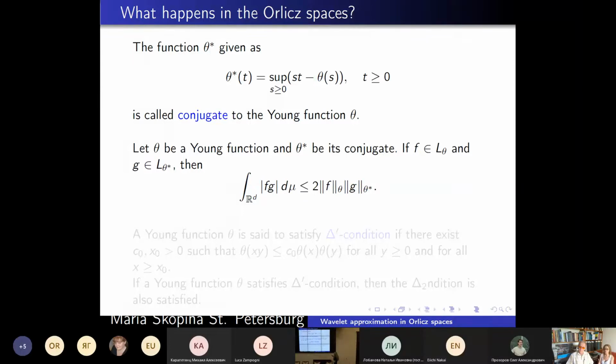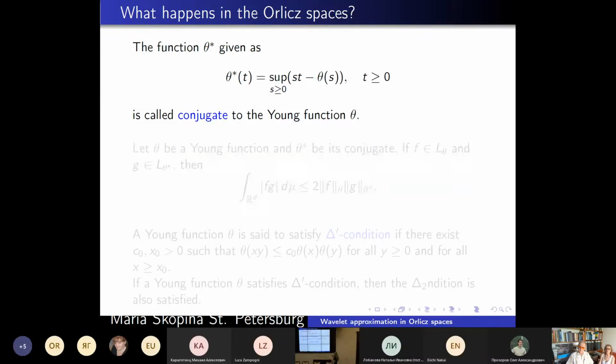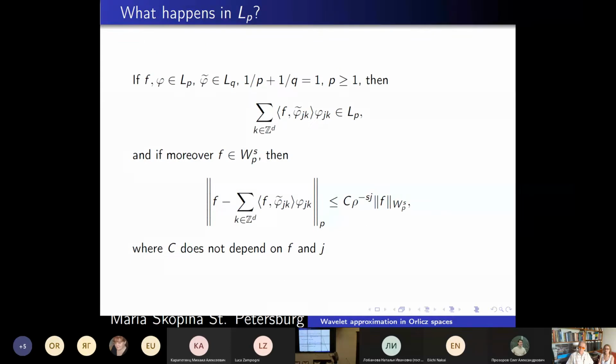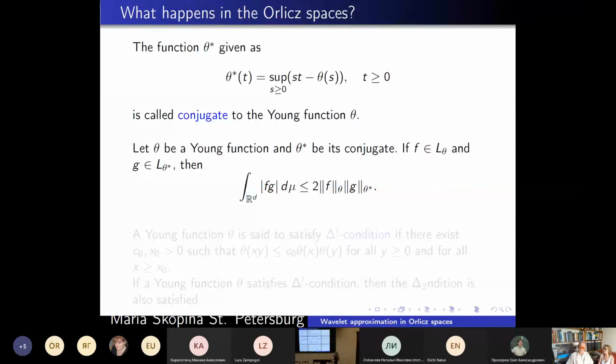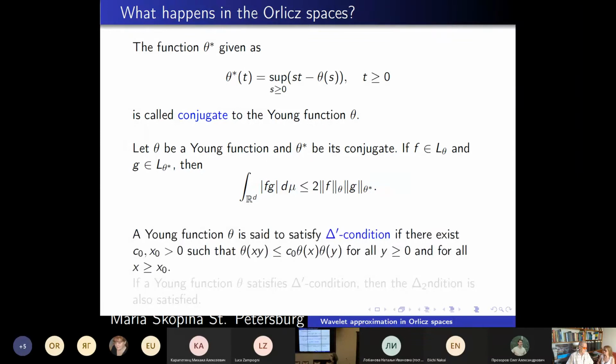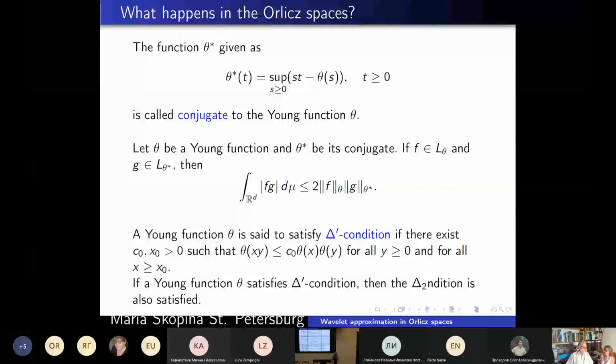And I was absolutely sure that we must prove this first. But I tried several times and could not. I could not understand what happened. It should be the same. Because of technique, we assumed a little bit more than the delta 2 condition, the so-called delta prime condition.